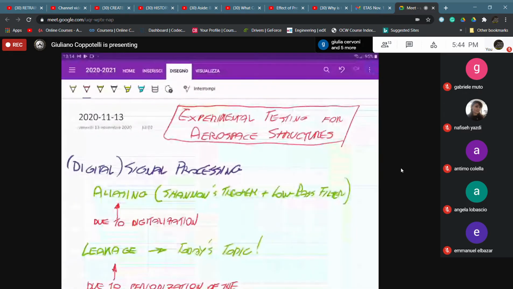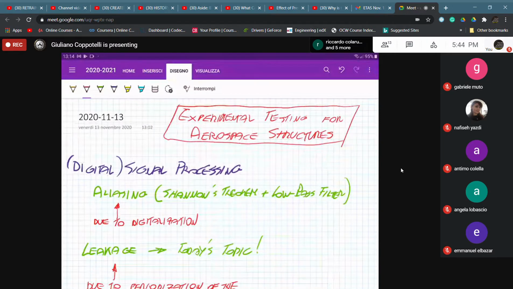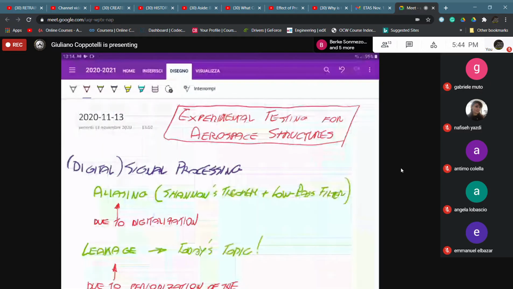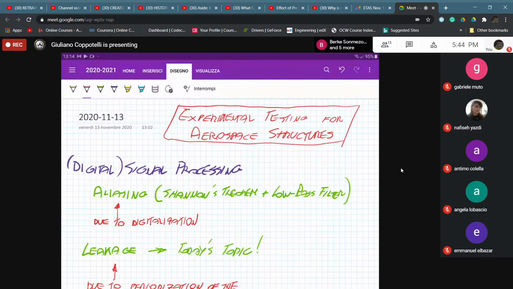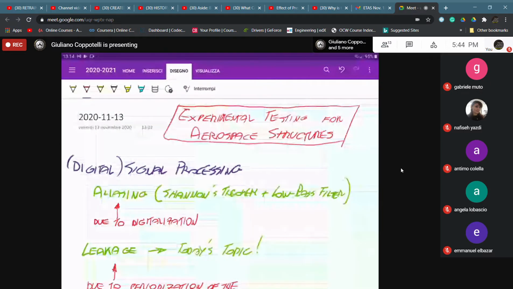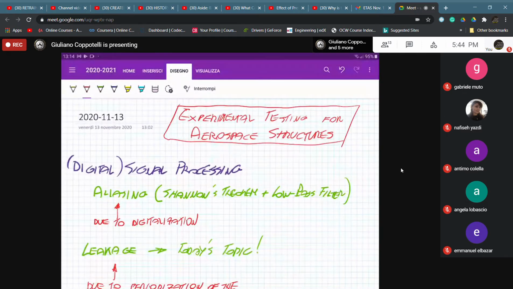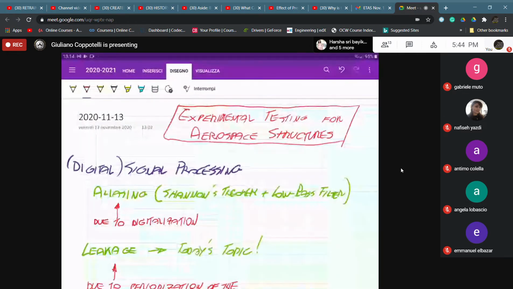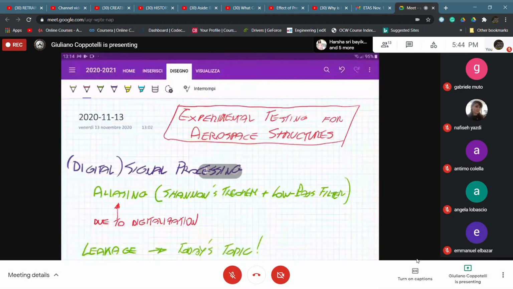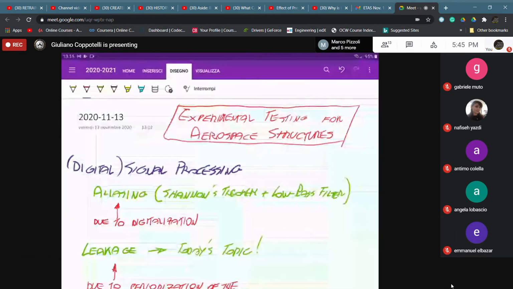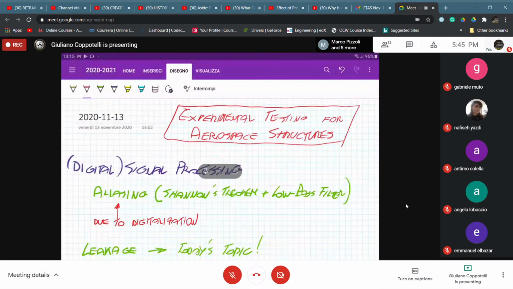So we introduced the AD converter, the analog to digital converter, and that is required because everything is working with computer programs, so everything is digitalized, and therefore that's the reason why we are analyzing these digital signal processing issues that have to be considered when you are setting up your measuring chain.